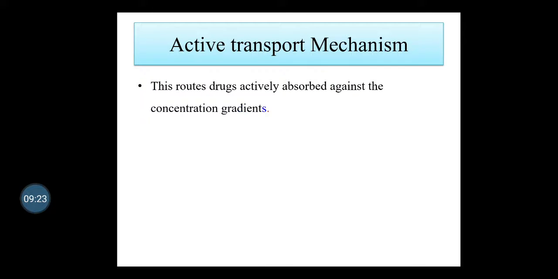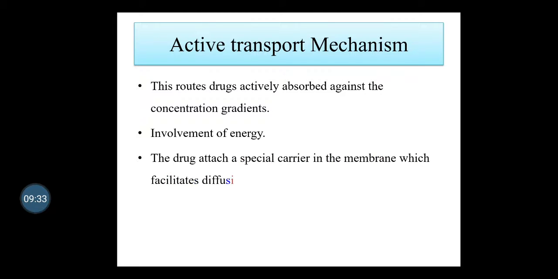Let's see the active transport mechanism. In this process, the drugs are actively absorbed against the concentration gradient. Involvement of energy is required. The drug attaches to a special carrier in the membrane, which facilitates diffusion across the membrane and releases the drug.